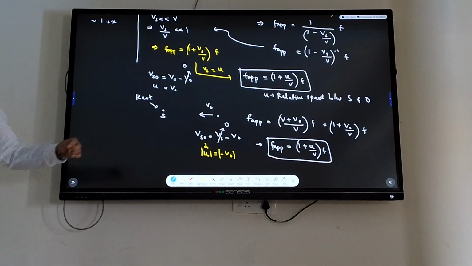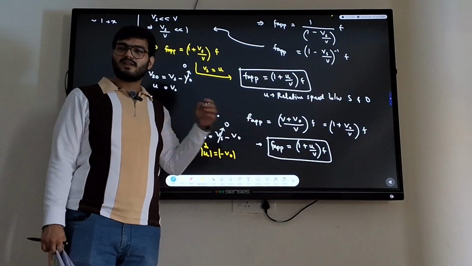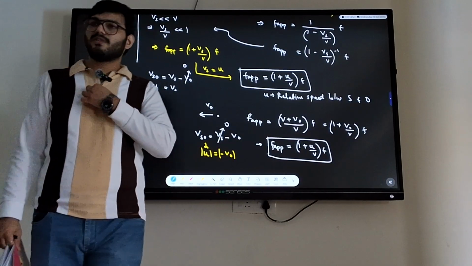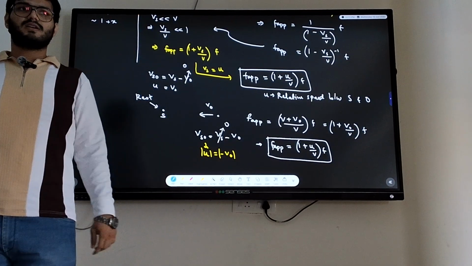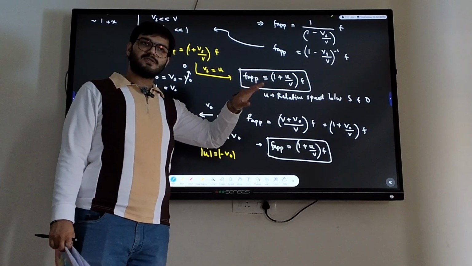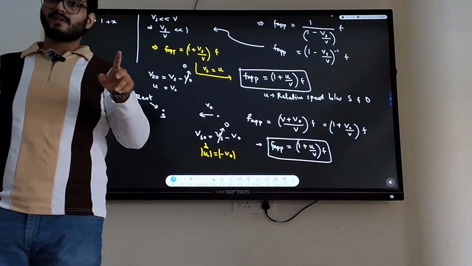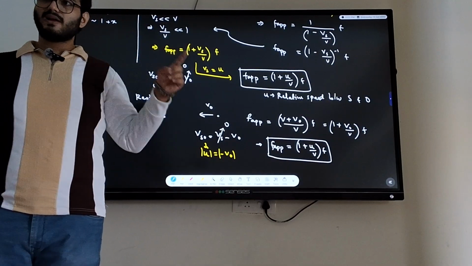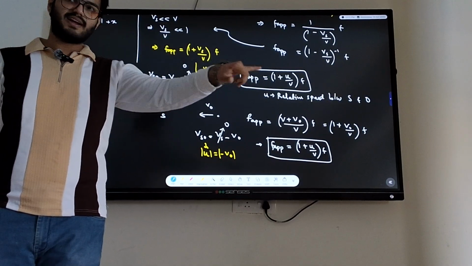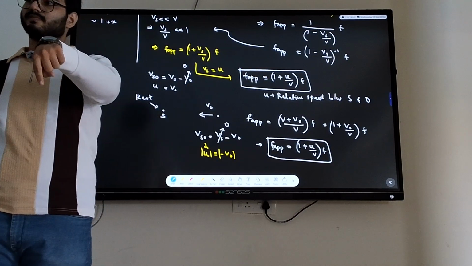Now you find a remarkable result. If you remember the F apparent formula that I gave for each one of the cases we talked about, if the source was moving, your formula was different. If your observer was moving, the formula was different. That means that the apparent frequency was dependent on the individual motions of source and observer.